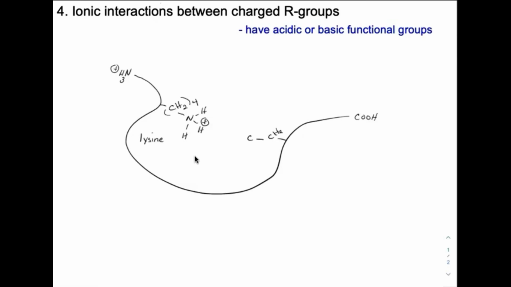So now if you have somewhere else on this polypeptide chain another amino acid that has a different R group, say it has a carboxyl group, and a carboxyl group, as you know, can be ionized. It can act as an acid and lose that hydrogen, and now you have an anion. You have a full negative charge. So this is going to be a very strong attraction. The one I've drawn here as an example, because it's easy to draw, is aspartate.